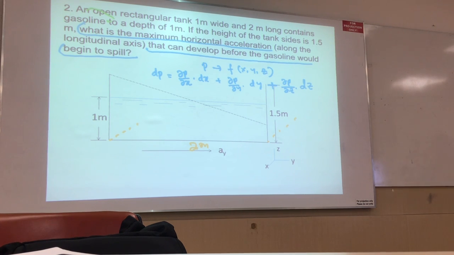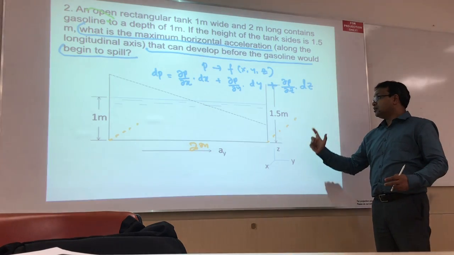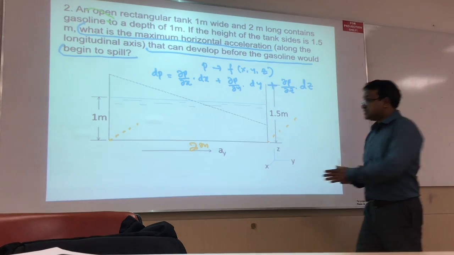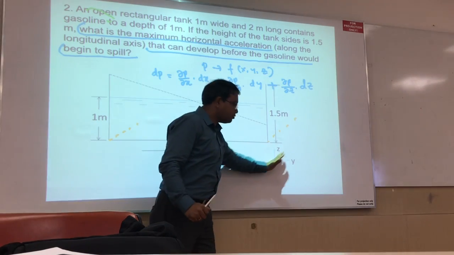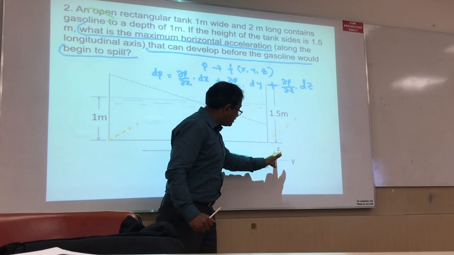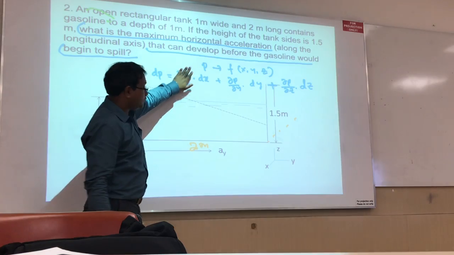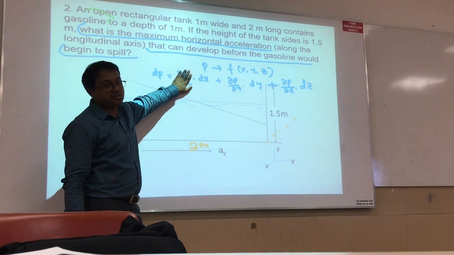That means there is some pressure change in the X direction, but in both Y and Z these values are constant. This term changes only in the X direction, while Y and Z are fixed.